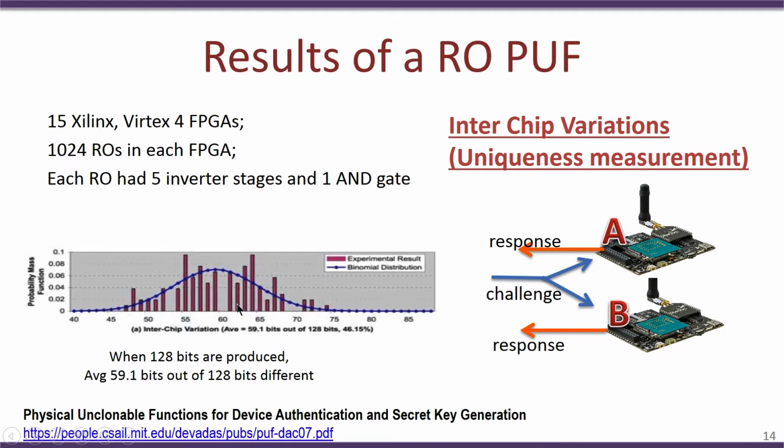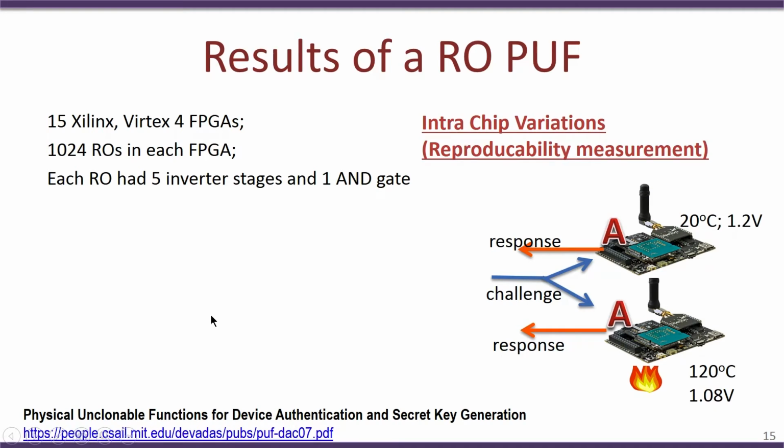As we see over here, the x axis shows the Hamming distance between A and B, and the y axis shows the probability. We see that this distribution of the Hamming distance has an average of 59.1. So, ideally it should have been 64, but 59.1 is also a very good Hamming distance.